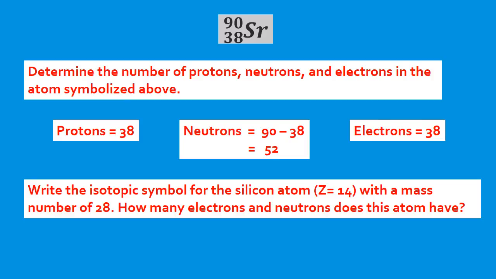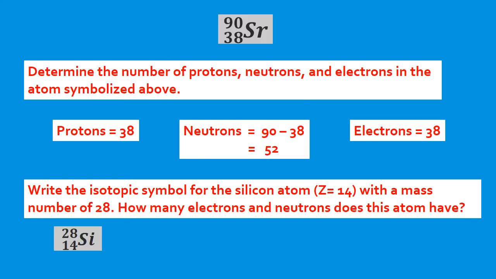Now we have to write the isotopic symbol for the silicon atom with Z equal 14 and a mass number of 28. We want to know how many electrons and neutrons this atom has. Be careful here. Because it said Z is equal to 14, don't think that the silicon atom has the symbol Z. Z is our atomic number. So to write that, we know it has a mass number of 28, an atomic number of 14, and the symbol for silicon is Si.